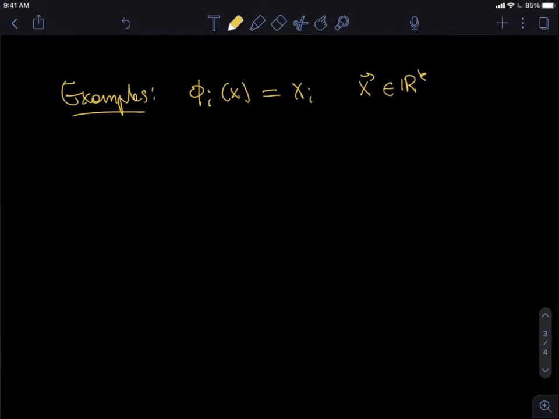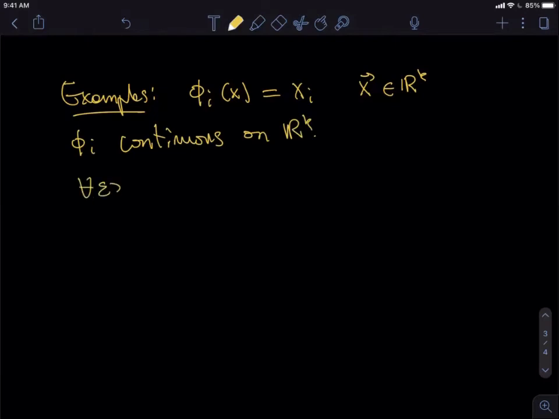So these functions that give you the coordinates of a point x in R^k are continuous on R^k. How is that?